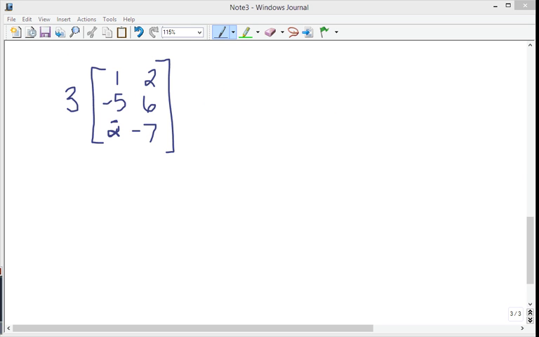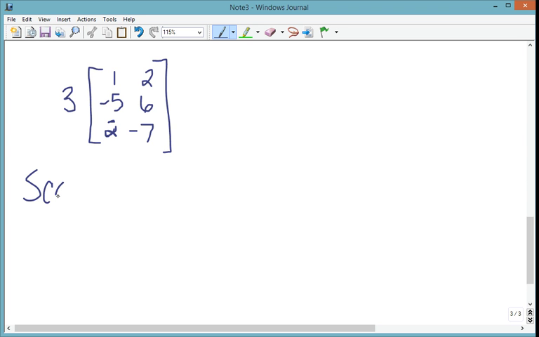Okay, so this is called scalar multiplication. Okay, so this number out here is a scalar. So you see that it's a number times, think of it like a parenthesis, right? We're going to distribute the 3 into every single term inside the matrix. So when we do scalar multiplication, it's just a distributing problem, right?